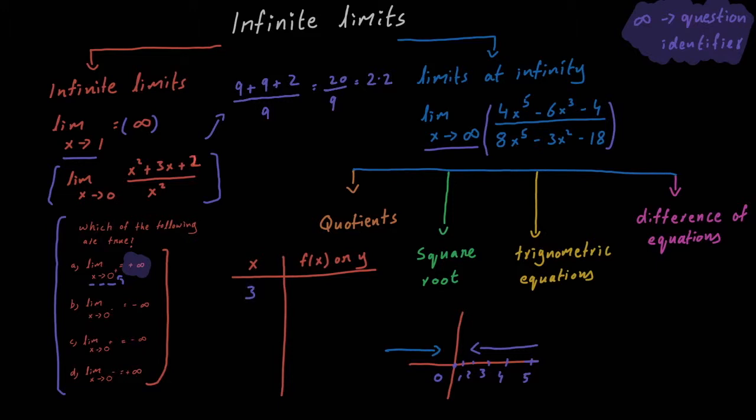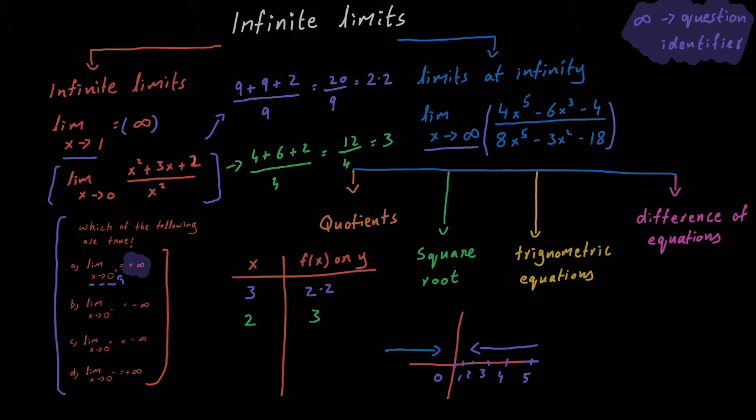So at 3, the value of y is 2.2. Now let's try substituting for 2. If we substitute for 2, we'll have 4 plus 6 plus 1 divided by 4, which is roughly 3. So at 2 we have the value 3.